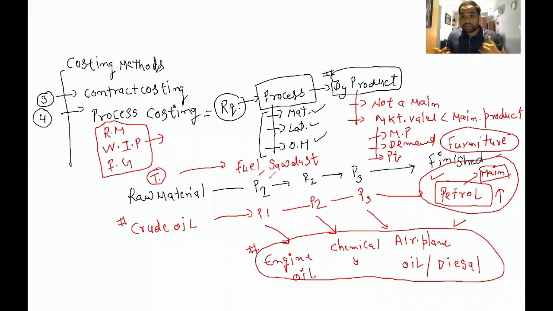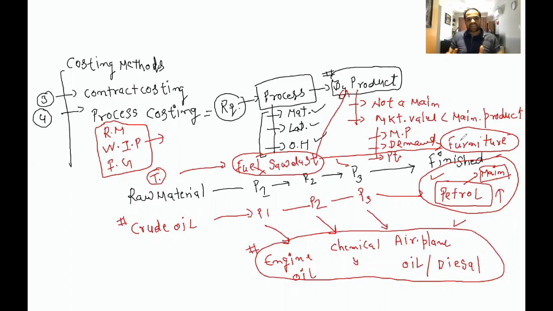Even though we are not making extra efforts, our purpose is to make a table. But when we are making a table, we're gonna peel it, we're gonna cut it, we're gonna shine it, and so on, right? And then finally, we come to the furniture. So these are the byproducts. Of course, they are not the main products, and the market value or demand is lower than the main products.